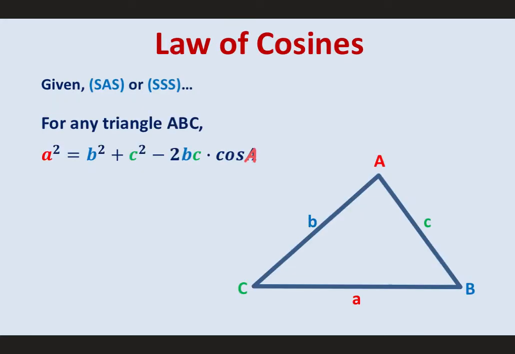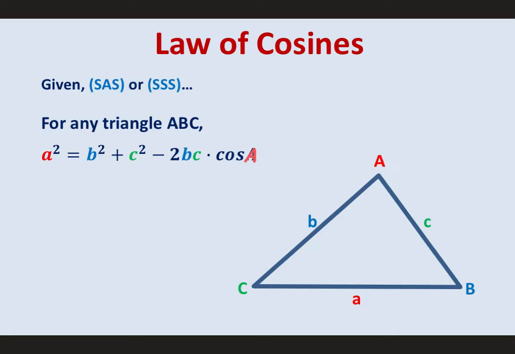All right, so here's what the law of cosine says. There's a variety of ways you can write the law of cosines, but the basic one that I like to write down looks like this. It says that any side of the triangle, in this case a, squared is equal to the other two sides of the triangle squared, minus 2 times the other two sides times the cosine of the angle across from the side that we're looking at.